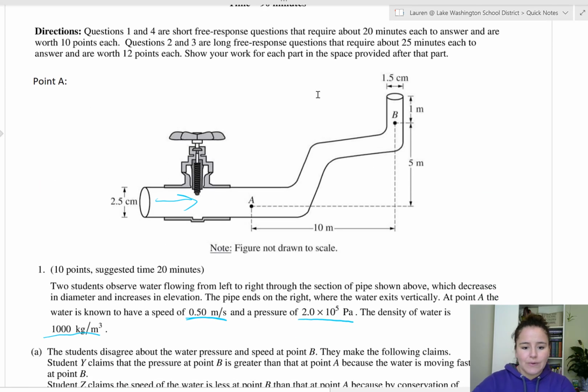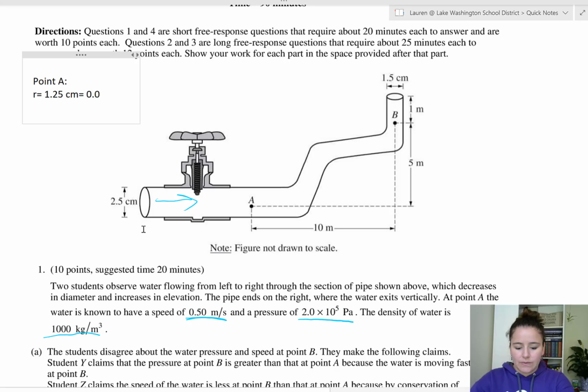Okay, so at point A, the radius of the pipe is 1/2 of that 2.5 centimeters. So that's 1.25 centimeters, which is 0.0125 meters. So the area then will be pi times r squared.